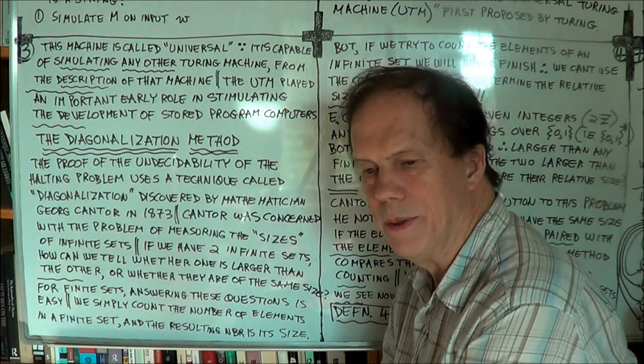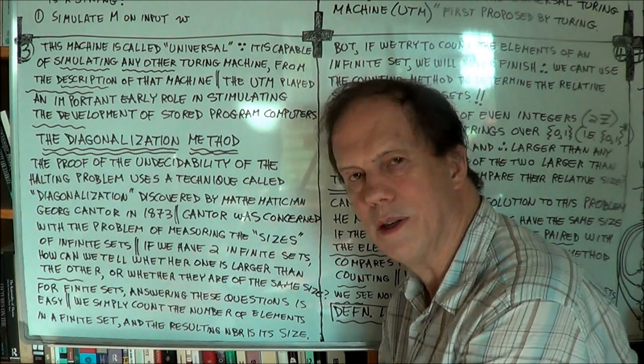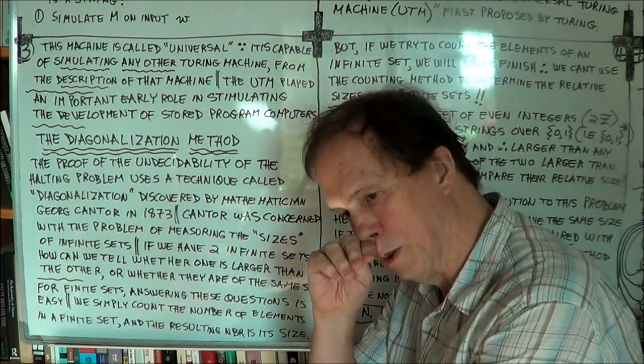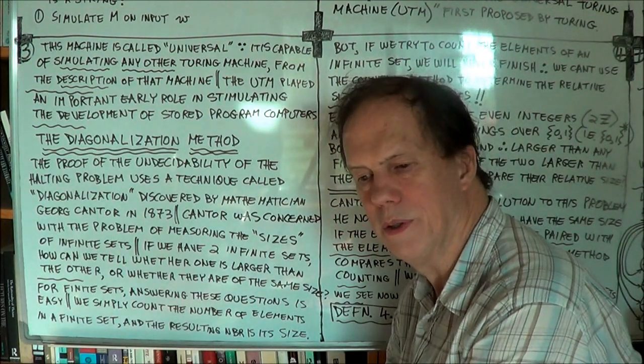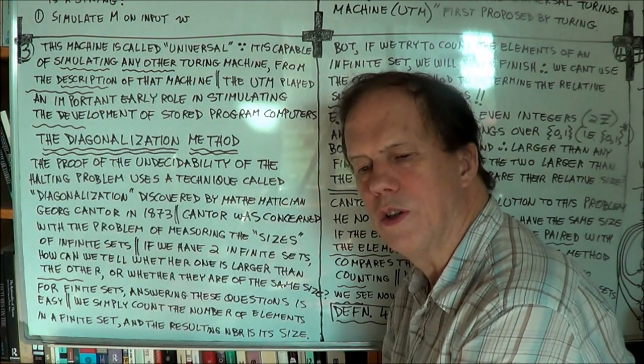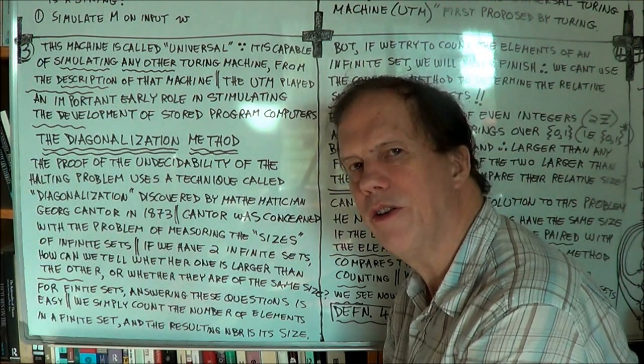Well, he noticed that if you had two finite sets and they had equal size, in other words, they had equal number of elements in them, you could come to the conclusion they had the same number of elements by just pairing them off.